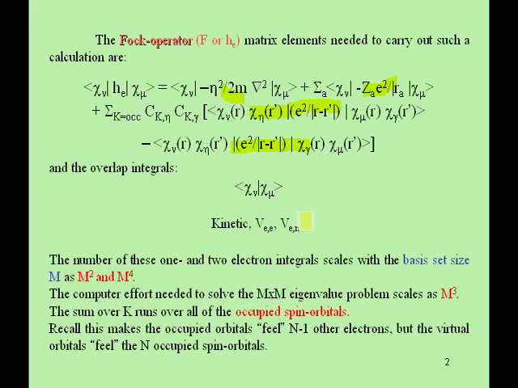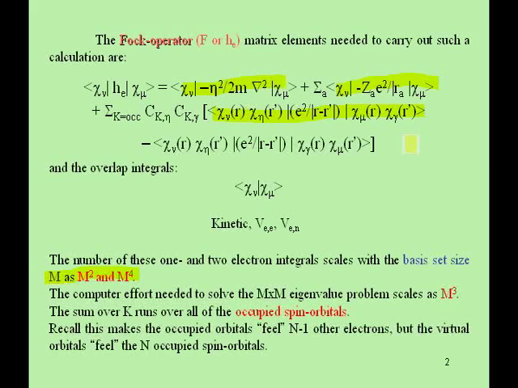Because they have four indices on them, nu, eta, mu, and gamma, there's a whole bunch of them. For example, suppose you had m basis functions, these chi's. Then there would be of the order of m squared of these one-electron integrals, the kinetic and nuclear attraction integrals, but there would be of the order of m to the fourth of the two-electron integrals, because each of these indices, nu, eta, mu, and gamma, can take on m values.